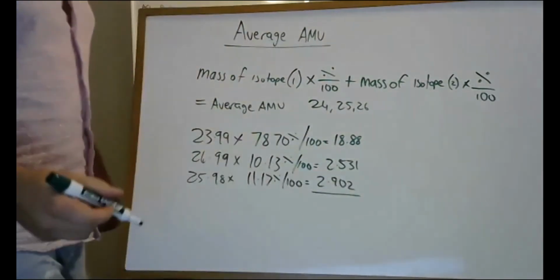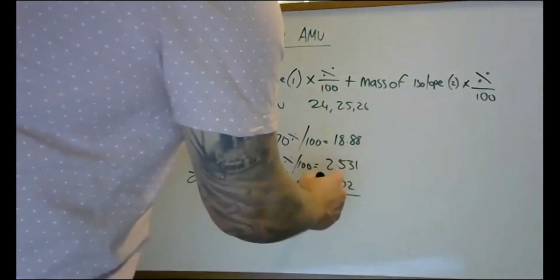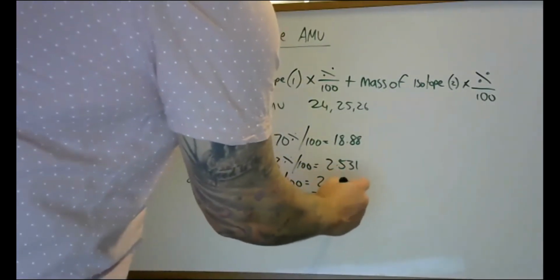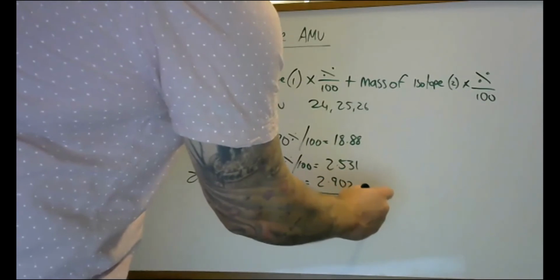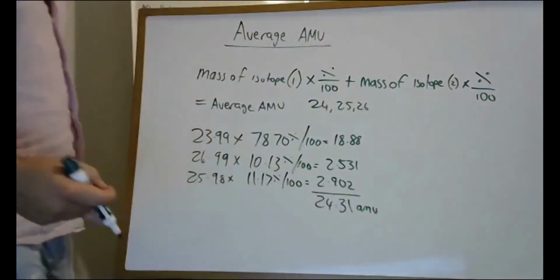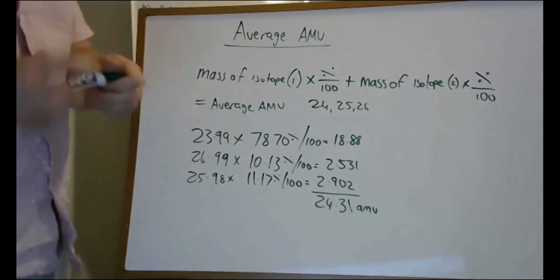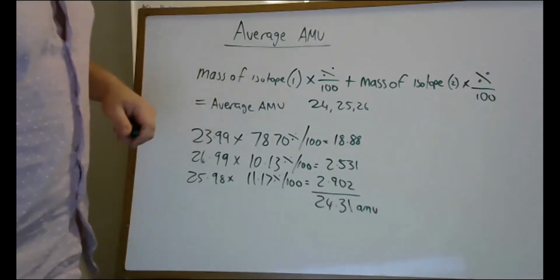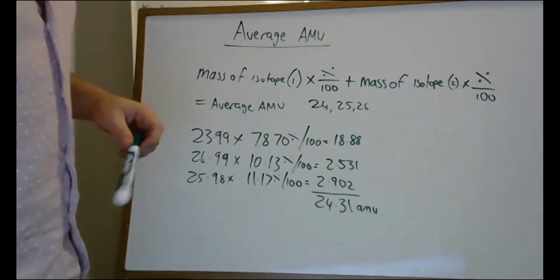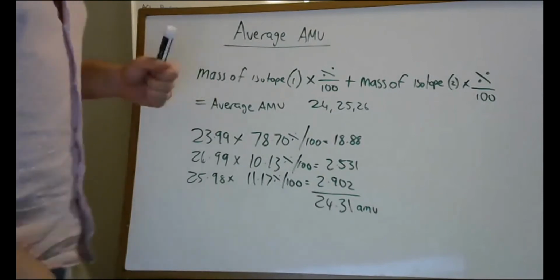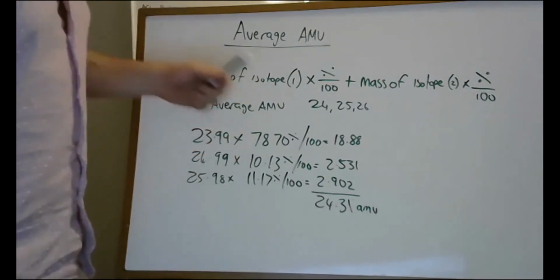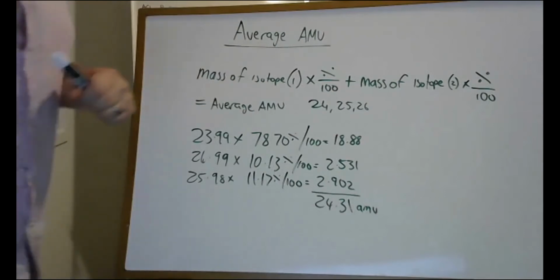So we then add them together. And if someone wants to check the periodic table for the AMU of magnesium, make sure I'm right. Should be 24.31. So we need to know the isotopes because we need to know the average atomic mass.